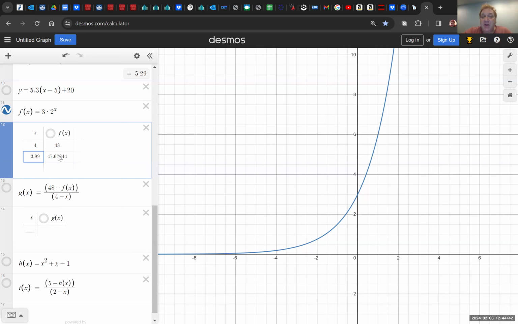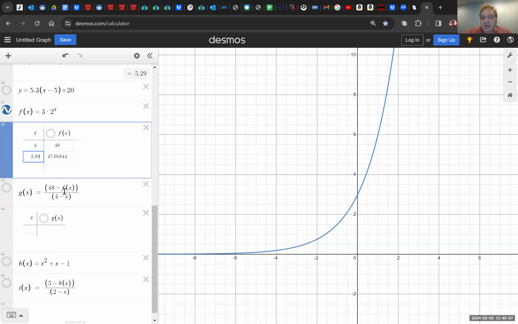Now, instead of me typing all of this in every single time, I just made a new function. G of x is the y value, 48, minus the f of x value, the y value from the f function. So if I put in a value of 3.99 into this, it'll do 48 minus the y value at 3.99, divided by 4 minus that 3.99 number.